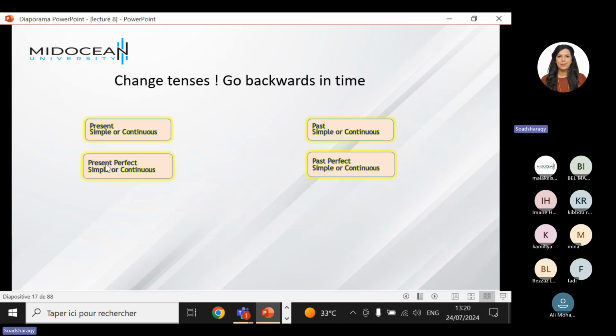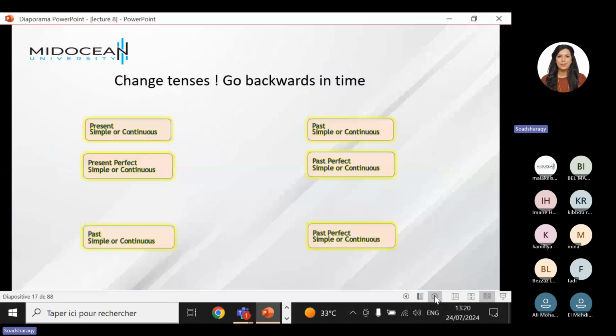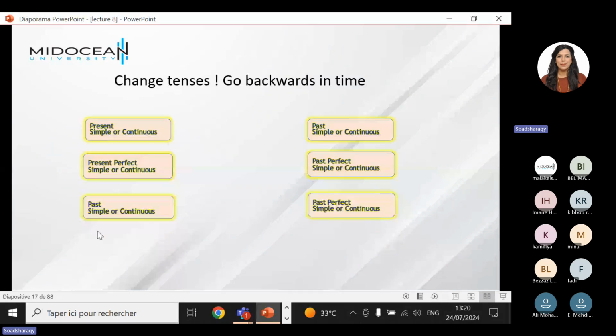Present perfect simple or continuous, reported speech here equals past perfect simple or continuous. Past simple or continuous, reported speech past perfect simple or continuous. Future simple will plus infinitive, reported speech we use would plus infinitive.